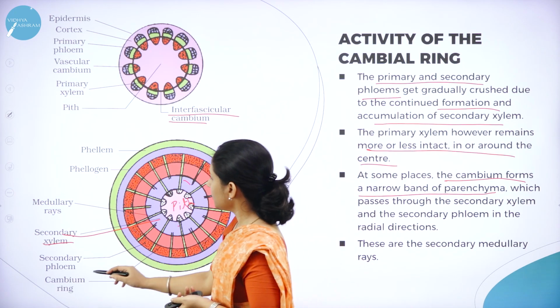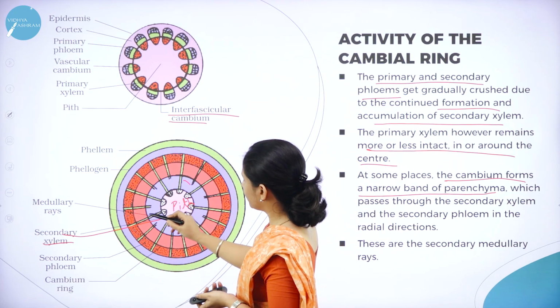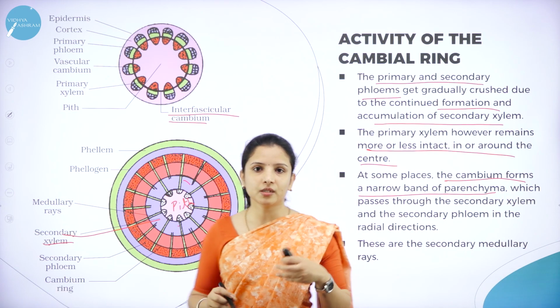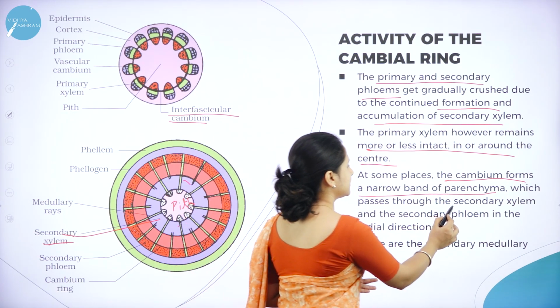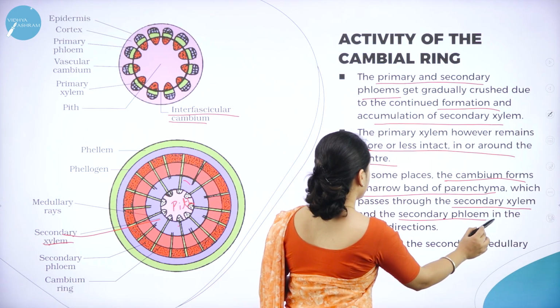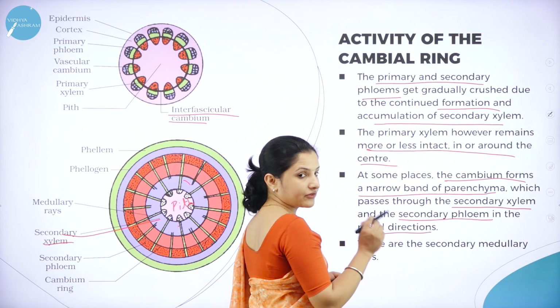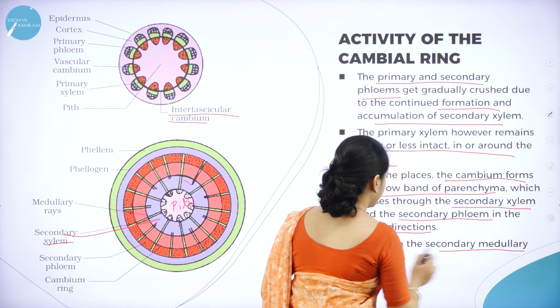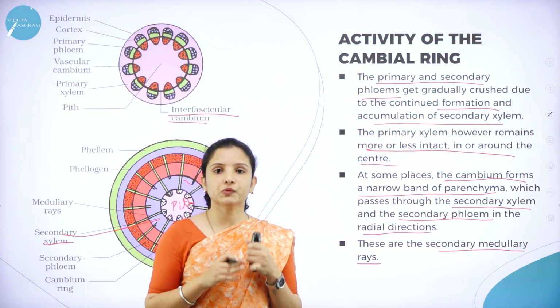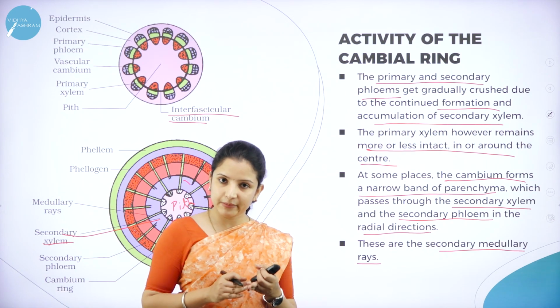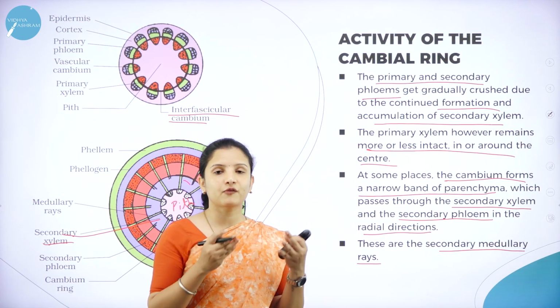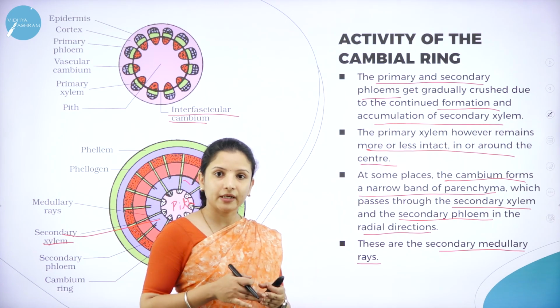You can see here, this cambial ring forms a narrow band that passes through the secondary xylem and through the secondary phloem in radial direction, and these are called the secondary medullary rays. While studying about the primary growth, we had studied the primary xylem, the primary phloem and the medullary rays formed between the vascular bundles, right?